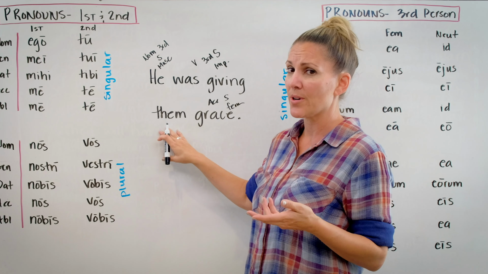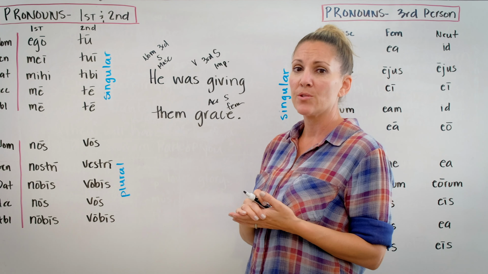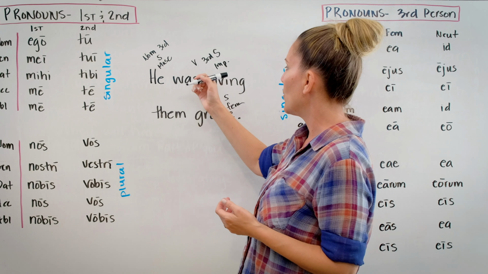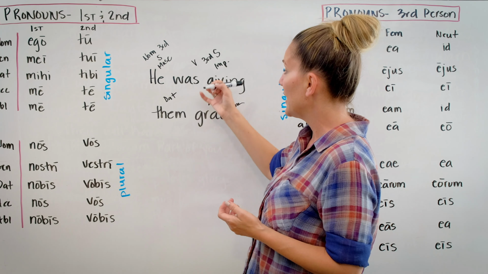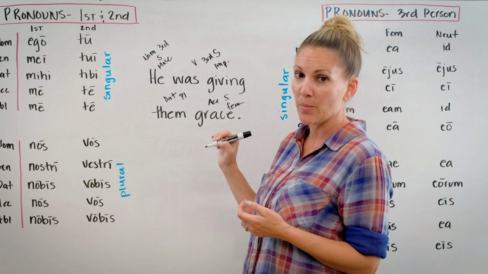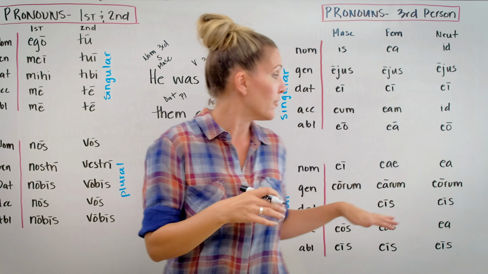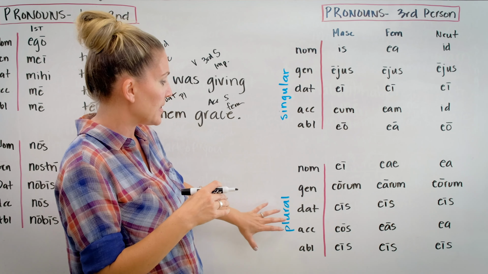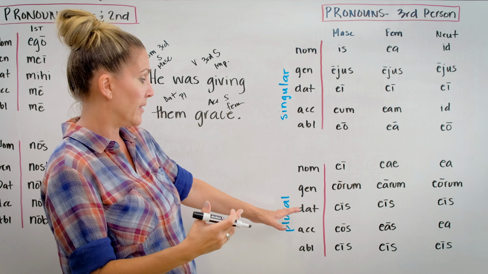And then I've got one more word here. Let's see if I have an indirect object. Can I answer the question, he was giving grace to who? Yes, he's giving grace to them. And so this is the dative case, the indirect object. It's plural. We're talking about more than one person. And if you look over here, you can see in the plural, sometimes the forms are the same for the masculine and feminine.